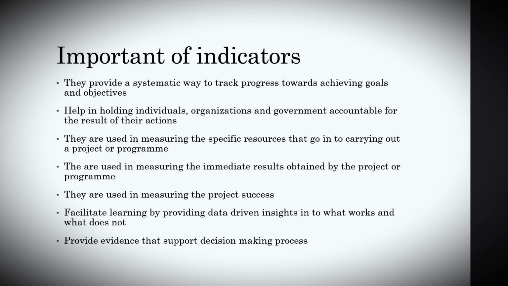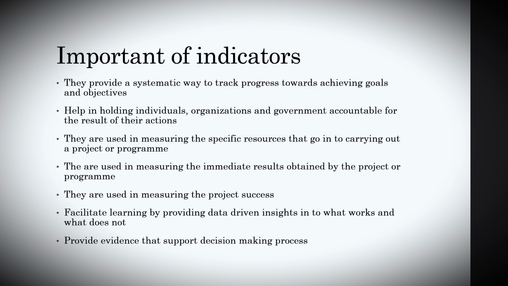Let's move to the importance of indicators. Number 1, indicators provide a systematic way to track progress toward achieving goals and objectives. Indicators help us in holding individuals, organizations, and governments accountable for the result of their actions. Indicators are used in measuring the specific resources that go into carrying out a project or program.